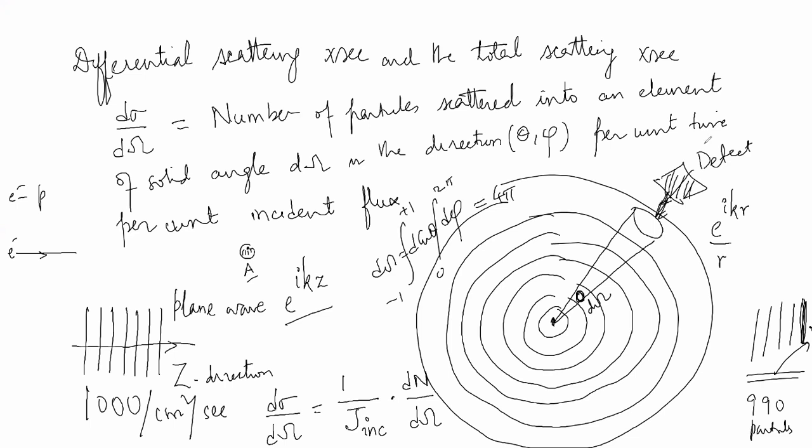Therefore, if your detector is able to measure in 1 unit, then multiply it by 4 pi, you will get the total number of scattered particles. Add those scattered particles to the unscattered particles, you will get the total number of incident particles. Is it clear?